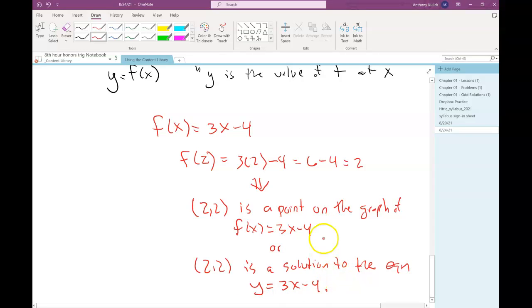Either way of phrasing it is appropriate. They mean equivalent things, they're equivalent statements. That's the phrase I'm searching for.